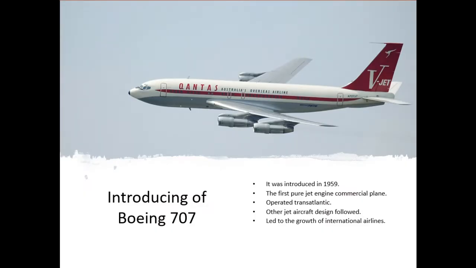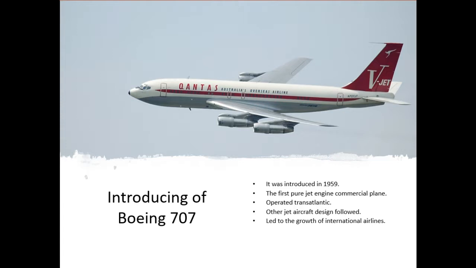So, the introduction of the Boeing 707, as I told you earlier: the first flight was in 1959, a pure jet engine commercial plane which operated across the Atlantic. This was the plane that became a role model for others, in terms of design and in terms of routes.